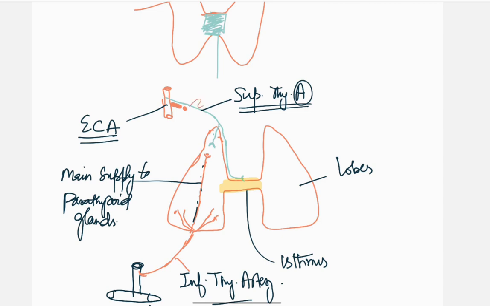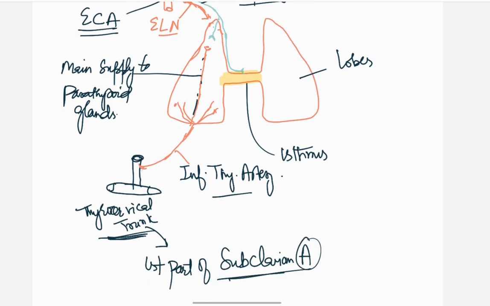It has surgical importance that a nerve runs along the course of the superior thyroid artery, and this nerve is known as the external laryngeal nerve. And from below, with the inferior thyroid artery, another nerve runs along its course in close proximity, and this is known as the recurrent laryngeal nerve.